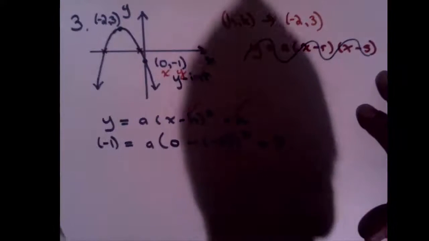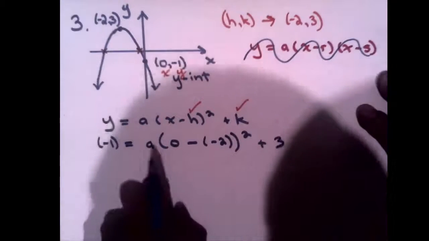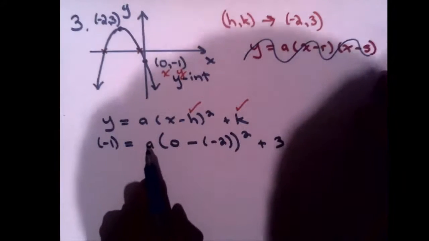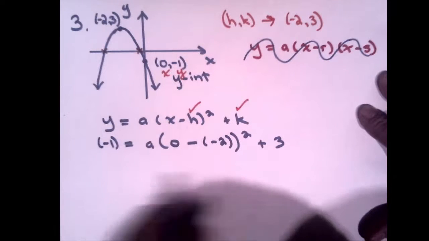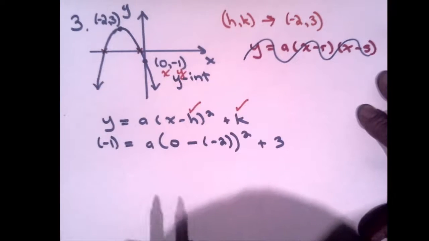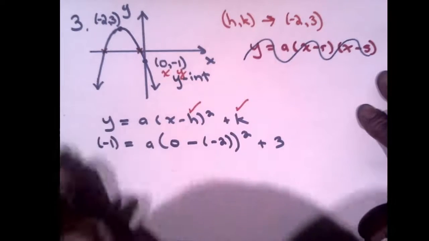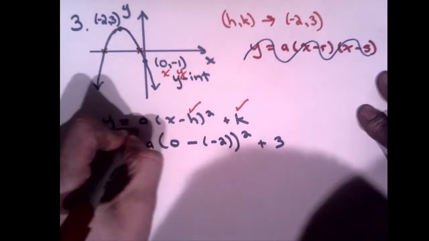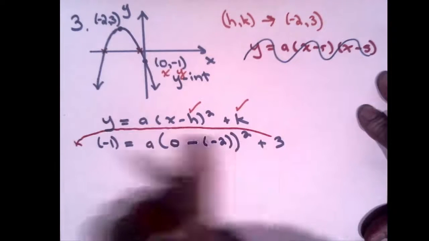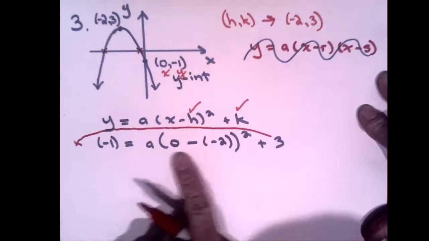Okay, to solve this, the goal is to find out what a is. So you have to kind of undo everything that's happening with the quadratic here and a.